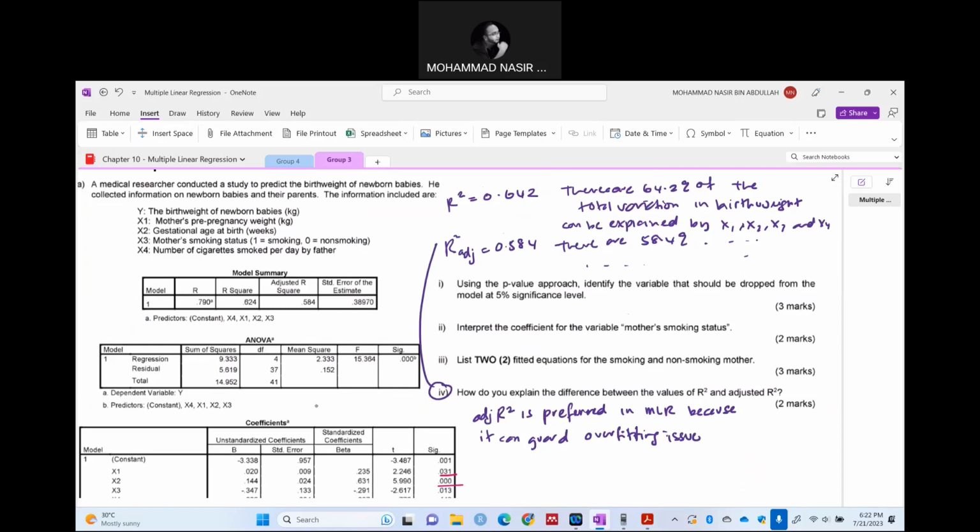We always prefer adjusted R square compared to R square, because when we input more variables into the model, adjusted R square will not increase drastically compared to R square, which will keep increasing a lot. Okay. That's one line. No question?